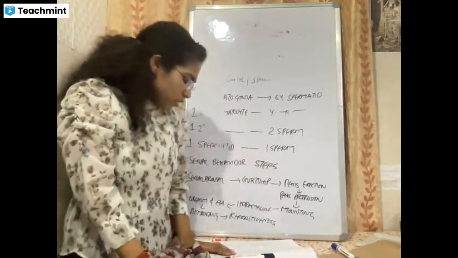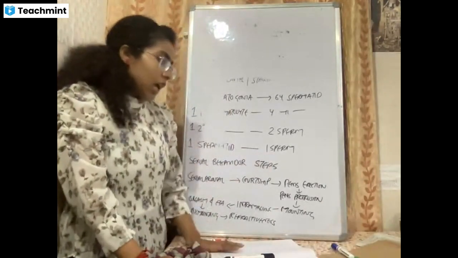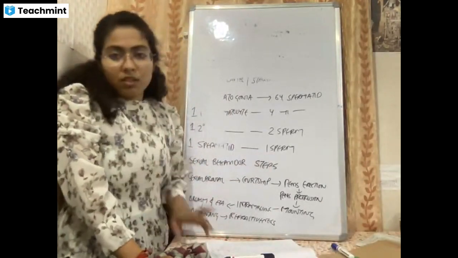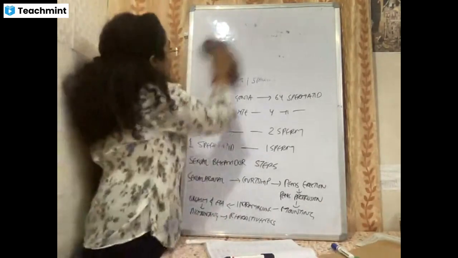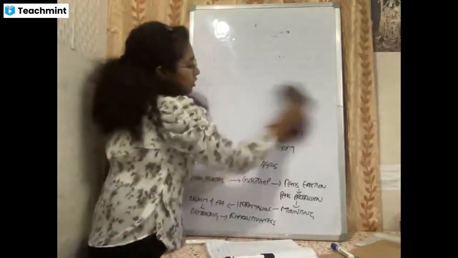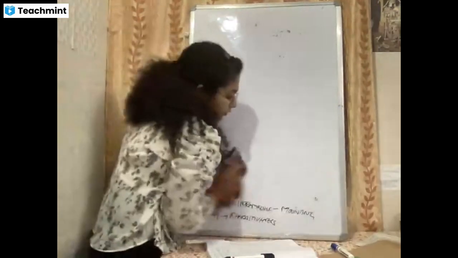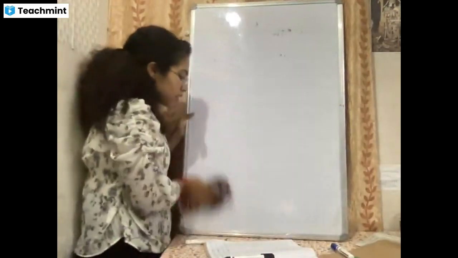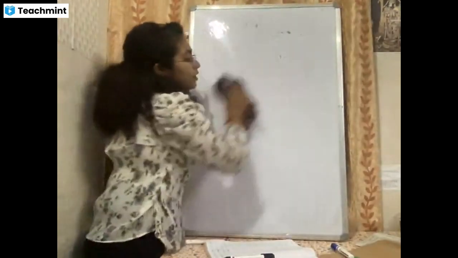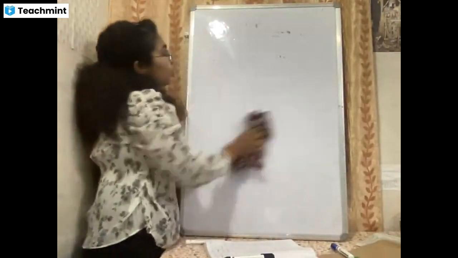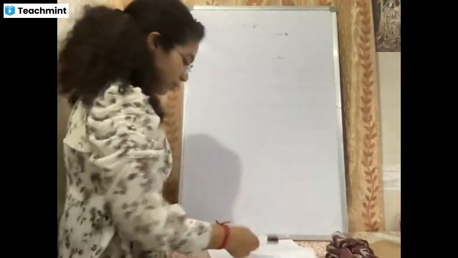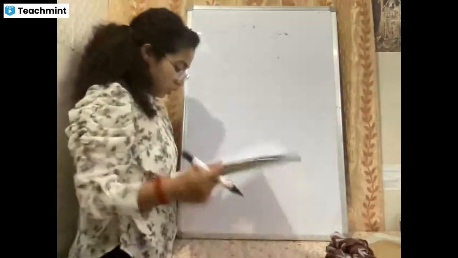I think last year some percentage was asked in my exam, so any one of the numbers will be asked from this. I'll give you the list of all the numbers. Just go through it, and then 2 to 3 days before the exam go through it again and then reproduce it in the exam.